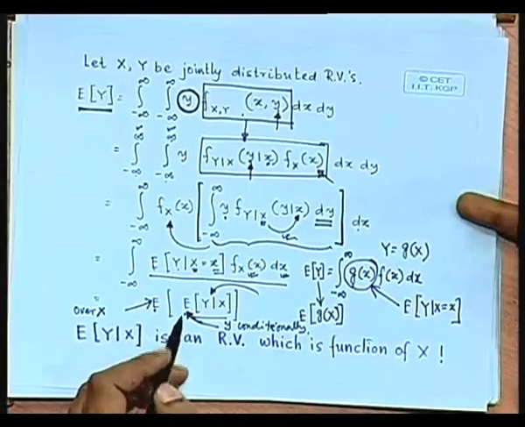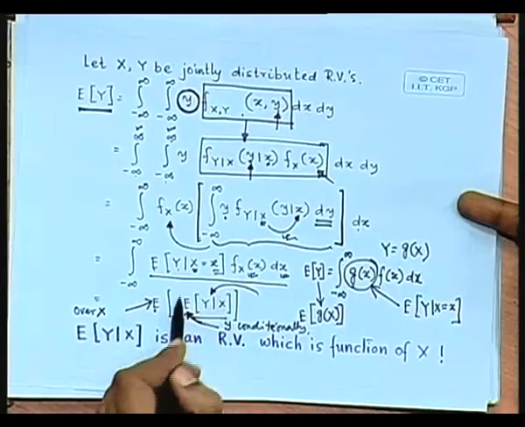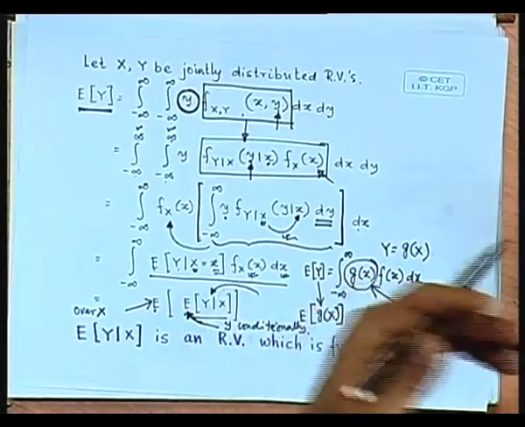In other words, this conditional expectation itself is a function of x. When you write the expectation of y given x, it is a function of the random variable x, simply because the expectation value depends on x. If you take x greater than 65, you will get one value. If you take x greater than 55, you will get another value.